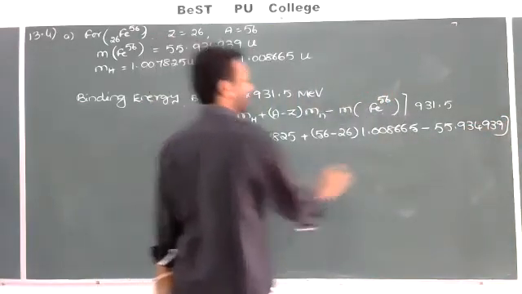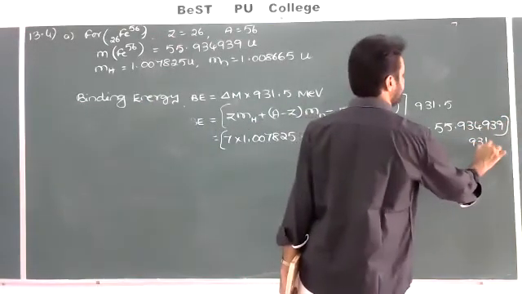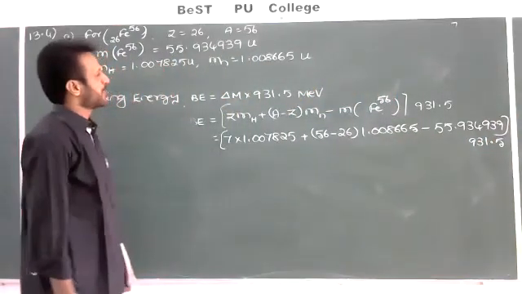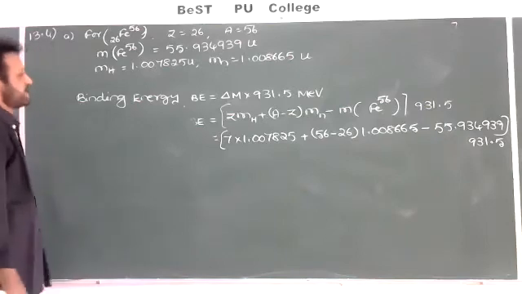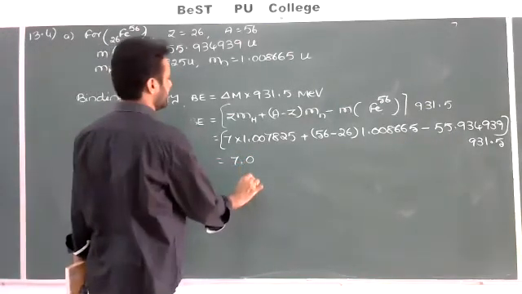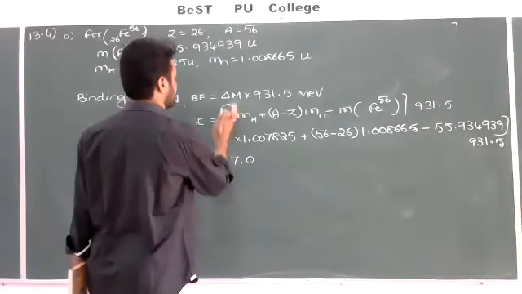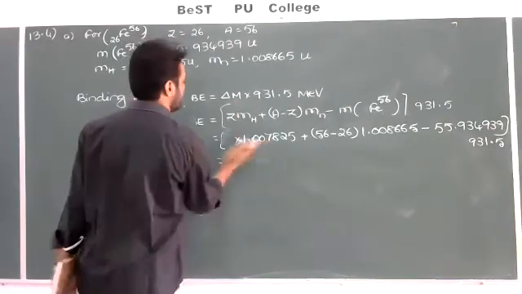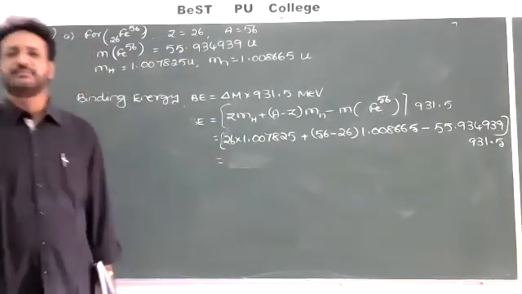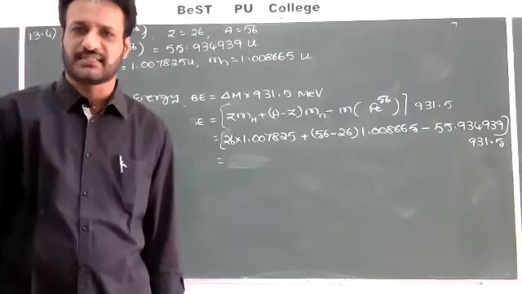Now this value should be multiplied with 931.5. One second, not 7. Sorry, atomic number 26. Check here: Z is equal to the atomic number of the iron nucleus.